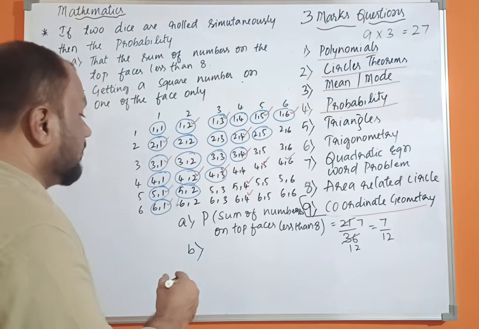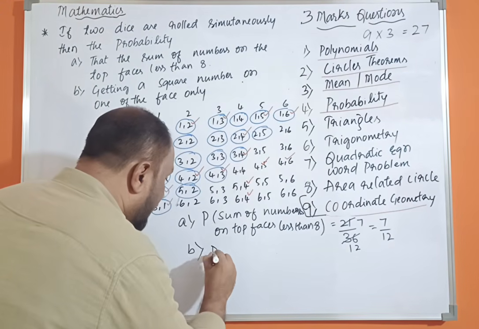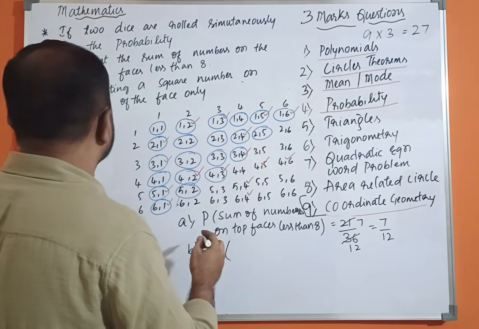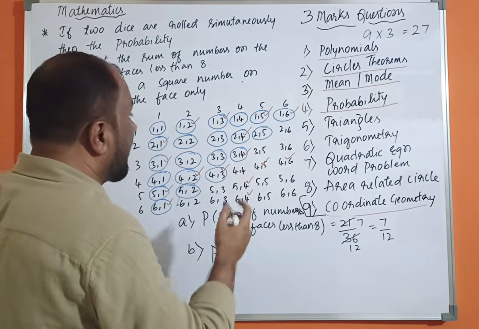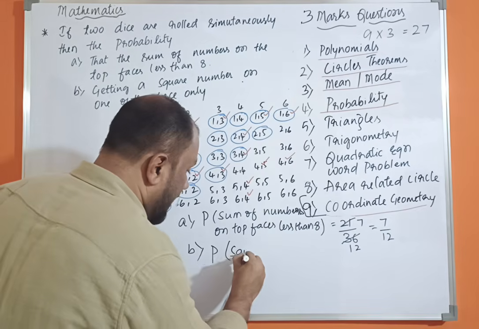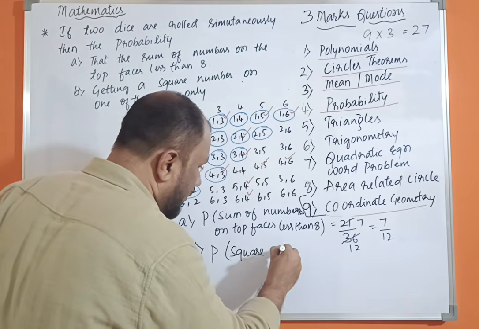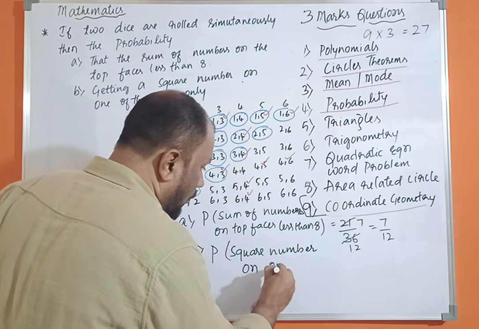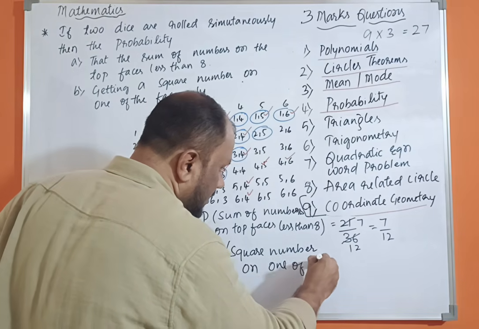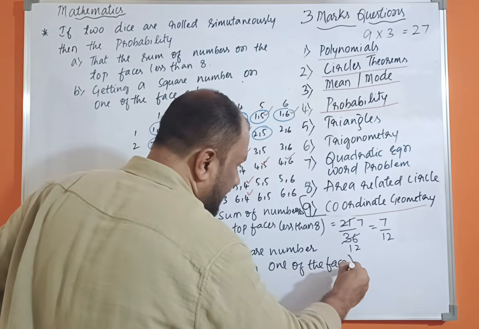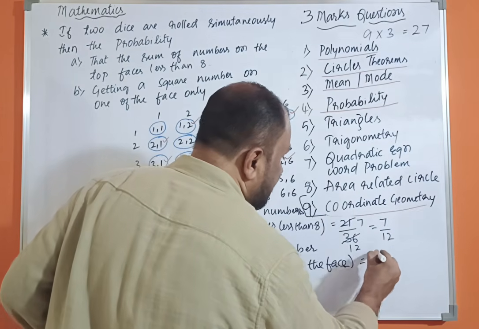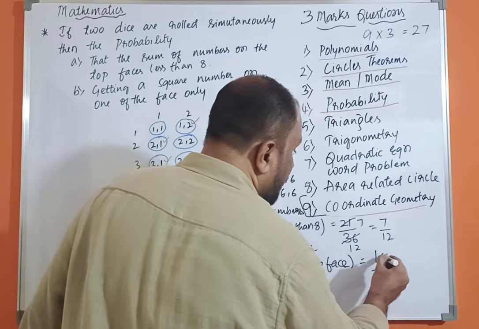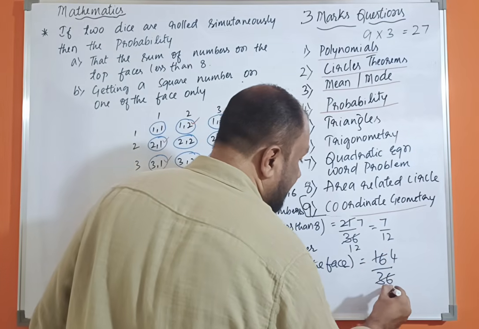So the probability of a square number on one of the faces is equal to, simplify, 4 fours are 16, 4 nines are 36.